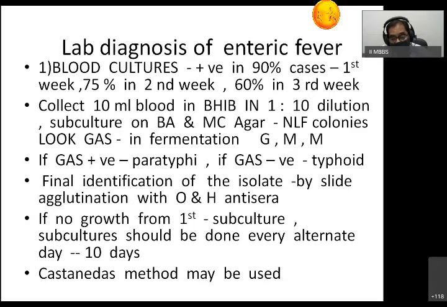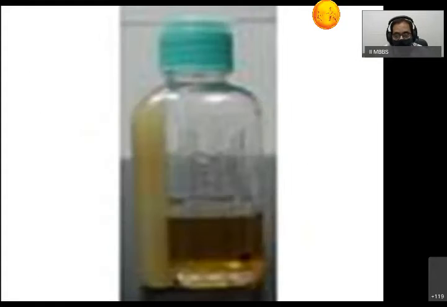So when you are going for such repeated subculture, the Castaneda method can be used. This is the broth which you are seeing, brain heart infusion broth, and you can see the solid phase also along with that broth, correct? So when the sample is collected, you can subculture it by the Castaneda method.